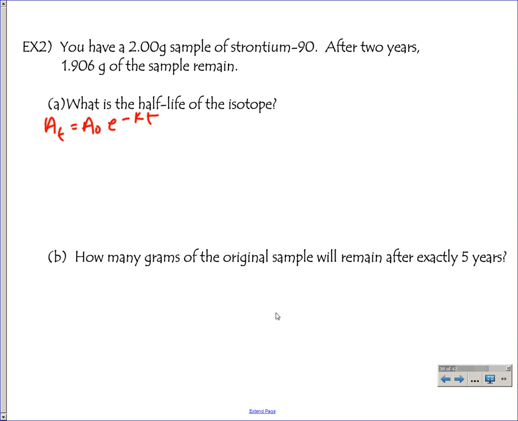We're going to plug in the information given to us here. I'm going to solve for K, variable-wise, first, and then plug in all my information. It's just a separate way of doing the same thing. So take ln of both sides.